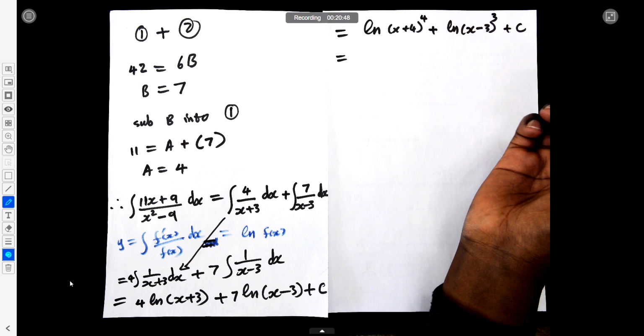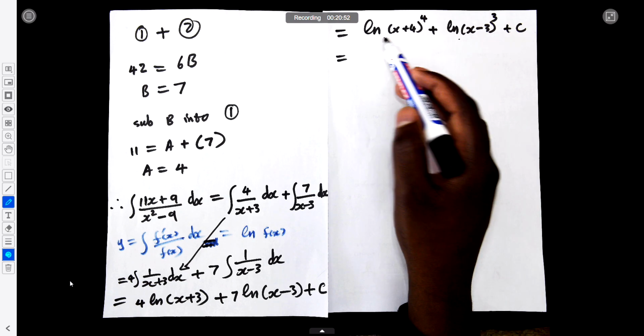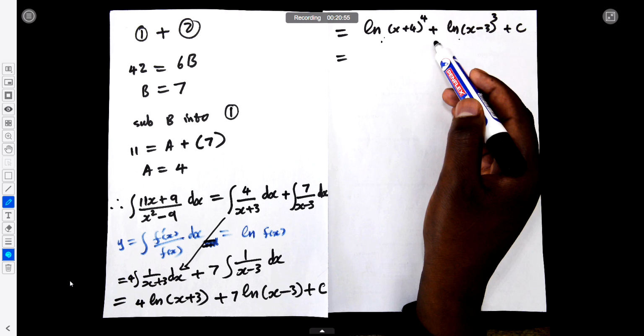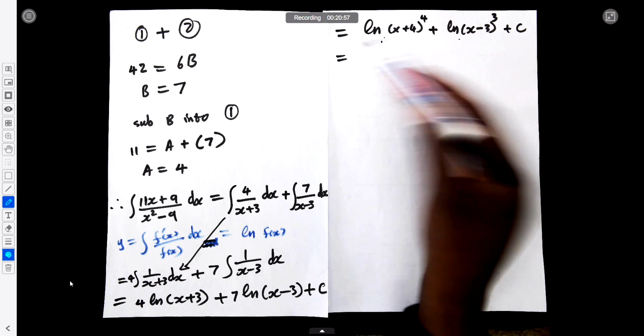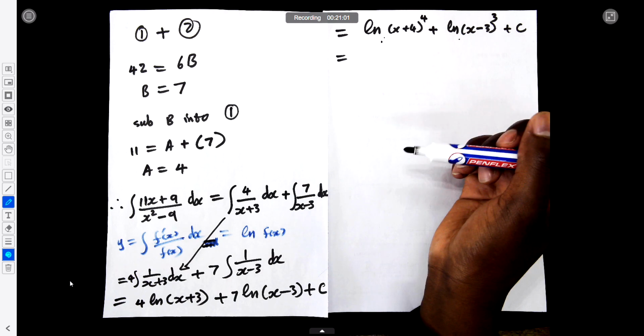Another log rule that you could remember: if you have logs of similar base, the coefficient is 1, and you have addition, then you are going to multiply what is inside the logs.